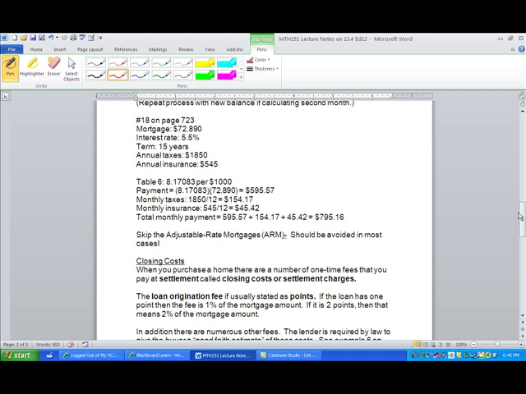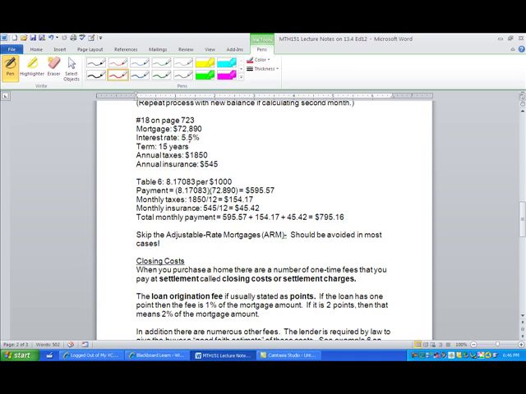So in number 18, we have to take into account when we're looking at the payments the taxes and the insurance. So that's basically what they're having us do. So I use table 6, and like I said, table 6 is always the easiest way to go with the payment if it's in there. We want to use the interest rate of 5.5%.